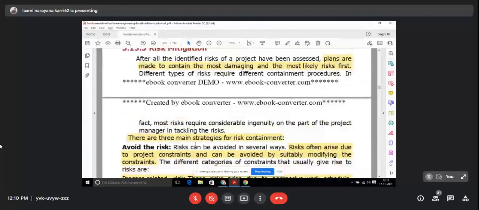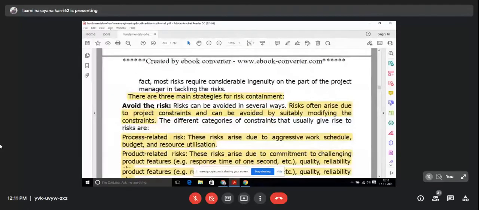So there are three main strategies for risk containment. Avoid the risk. Risk often arises due to project constraints that can be avoided by suitably modifying the constraints. If you modify the constraints, for example, to work at an efficiency of 70%, you are avoiding the risk, so it can be good.